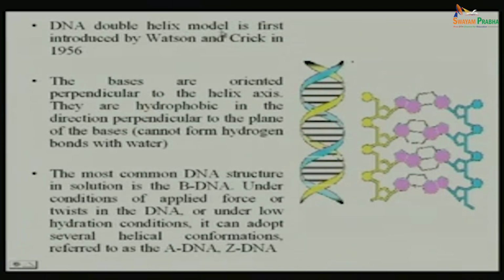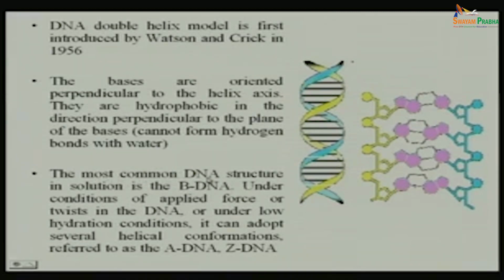The DNA double helix model was first introduced by Watson and Crick in 1953, and they got the Nobel Prize for that. The bases are oriented perpendicular to the helix axis. They are hydrophobic in the direction perpendicular to the plane of the bases and cannot form hydrogen bonds with water.